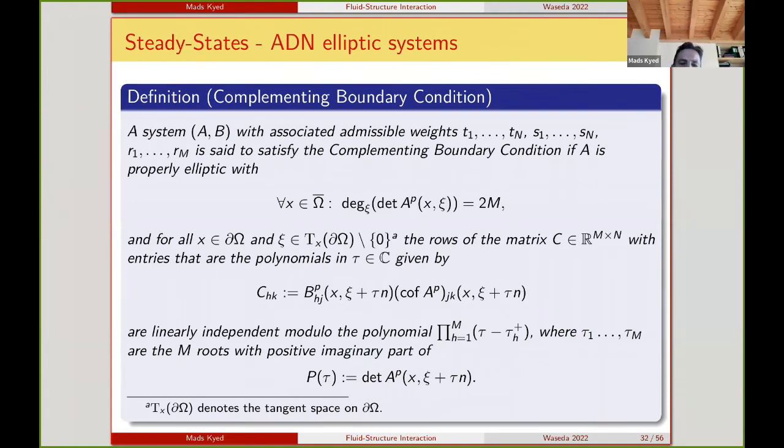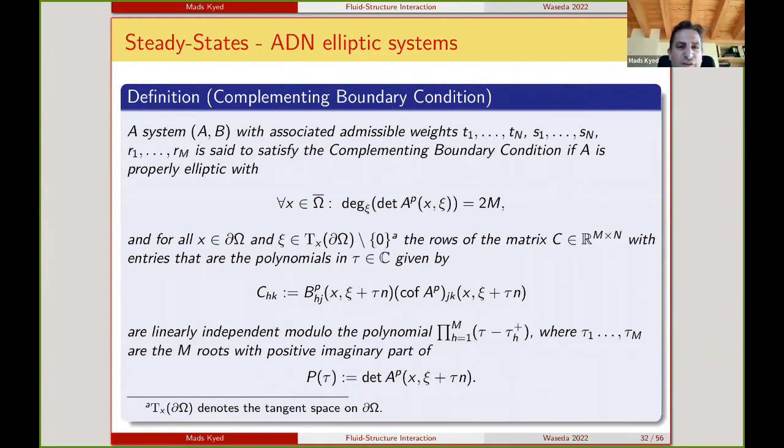You cannot apply the Fourier transform in the normal direction, so if you only do the Fourier transform in the tangential directions, you end up with an ordinary differential equation. If you have non-homogeneous boundary values, then you have to somehow lift these boundary values. There's a formula for this lifting, and the expressions you see here are the expressions that appear in these formulas. So that's just a little bit to give you the context.